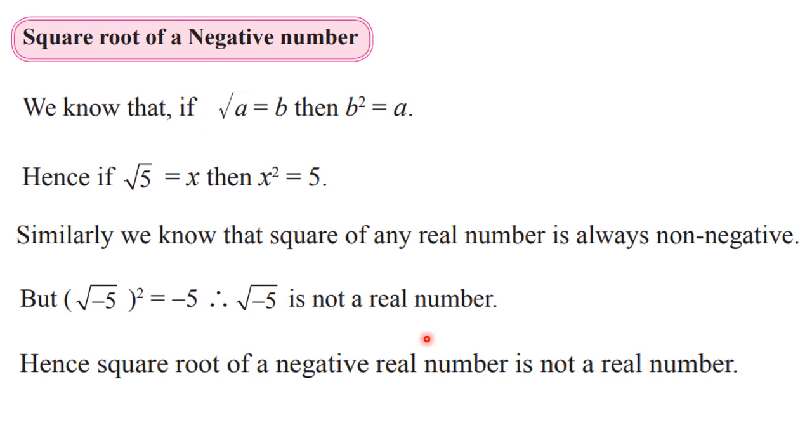But in the case of real numbers, the radicand cannot be negative. Okay, so this is about the square root of a negative number. Now let us move towards the practice set.